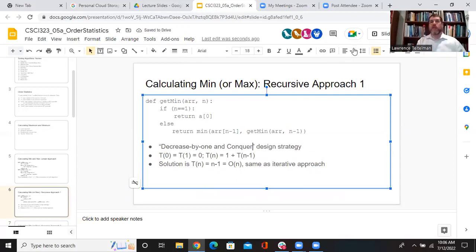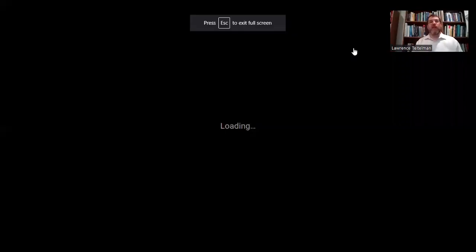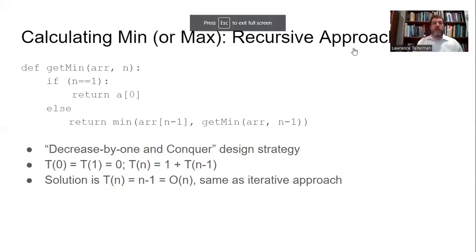Okay, but its time complexity is actually no better than the iterative approach. And if it's not better, it's actually going to be worse. Why is a recursive approach worse? Because now you have the recursion stack to keep track of as well.